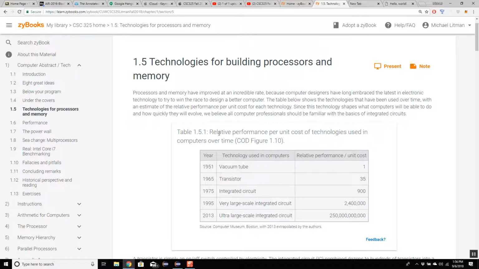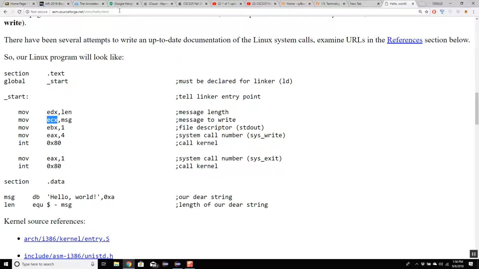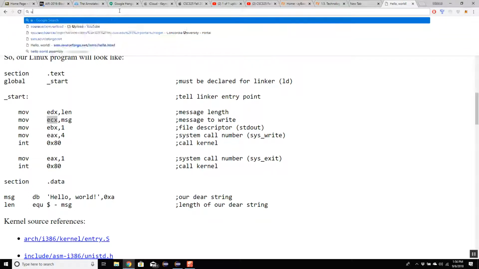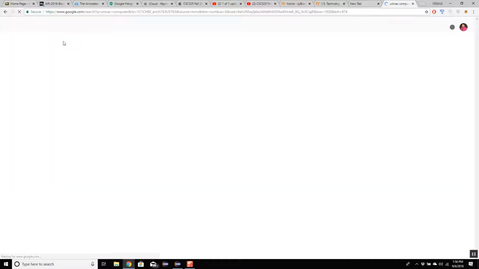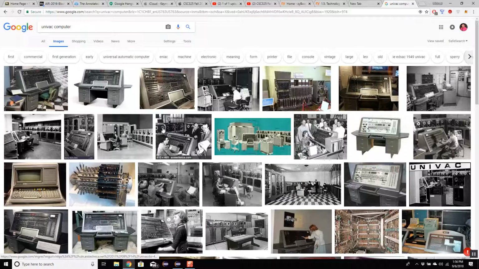So back in the early days with vacuum tubes, let me bring up a picture of maybe UNIVAC. Maybe something you saw in like a 150 class or something like that.